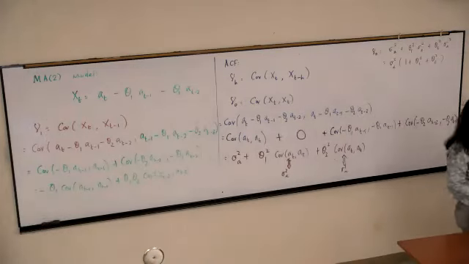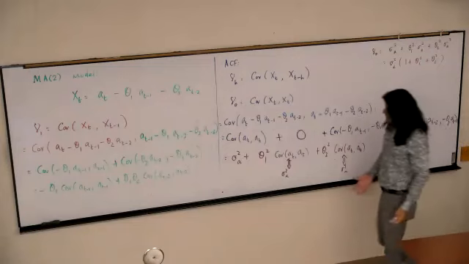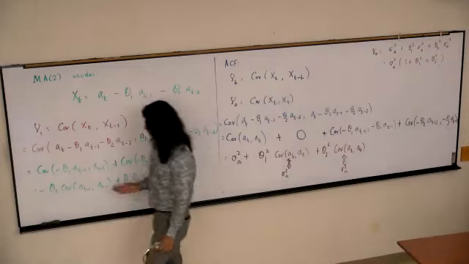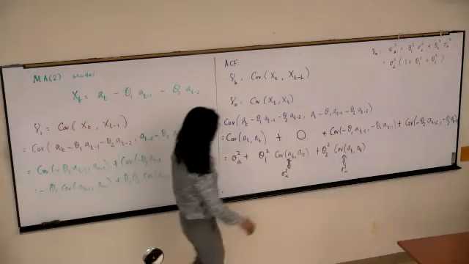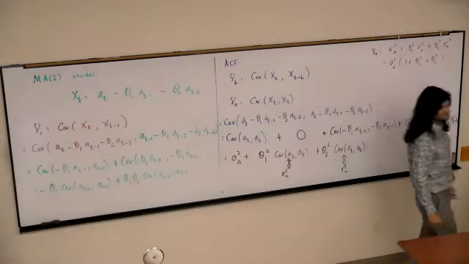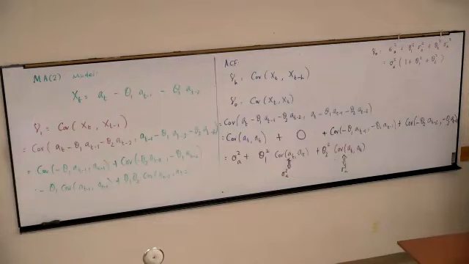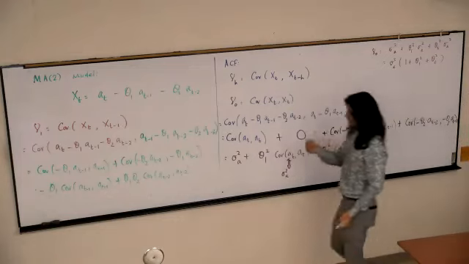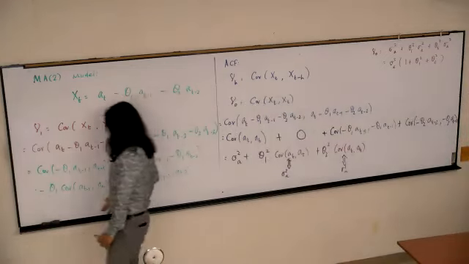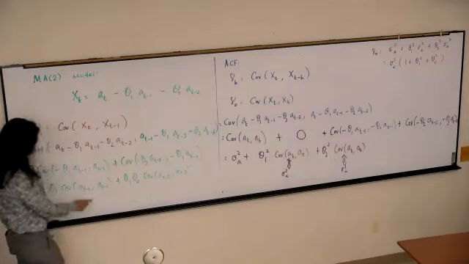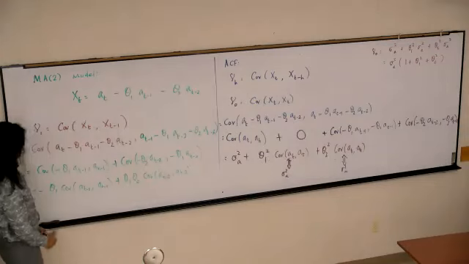Well, checkpoint. Let's see who remembers. Why did we maintain this value to be the same as that value? Because noise is independent and identically distributed. Very good, Joe. Because our assumption is that noise is independent and identically distributed.